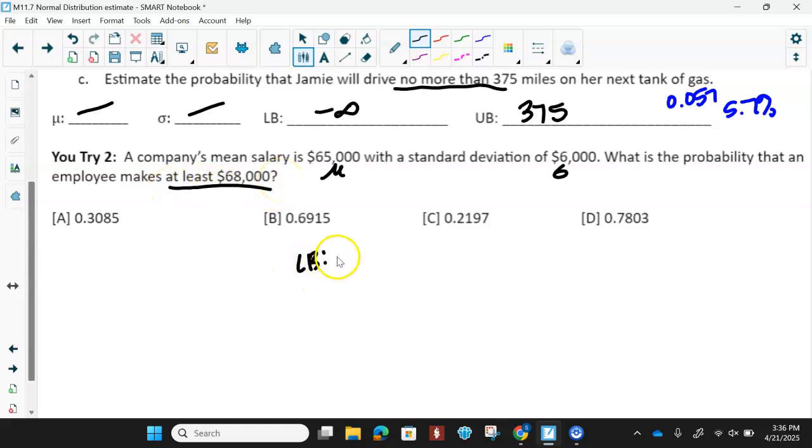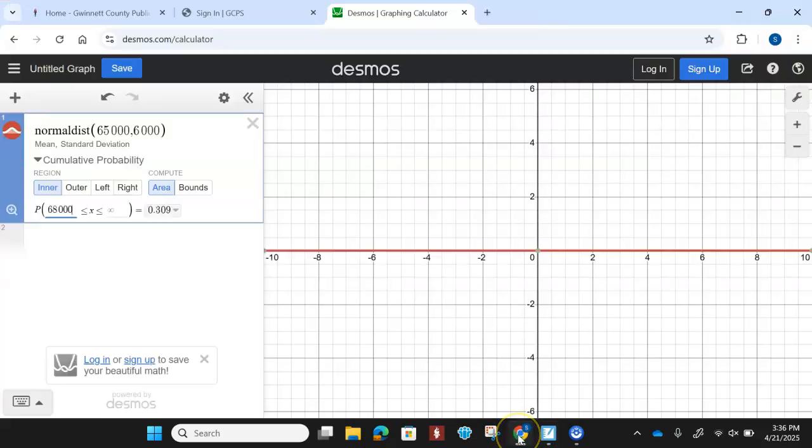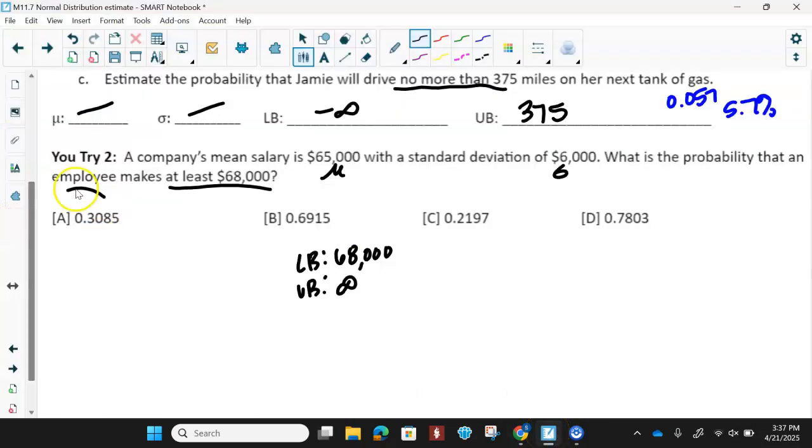So that was supposed to be the lower bound of 68,000 because you're going above that and leaving that to infinity. So then here's your setup. Do not put the comma in the 65,000 and 6,000 because the comma is what's used to separate the mean and standard deviation. So 65,000 and 6,000, and here's that lower bound to infinity. So that's why here the answer is A.